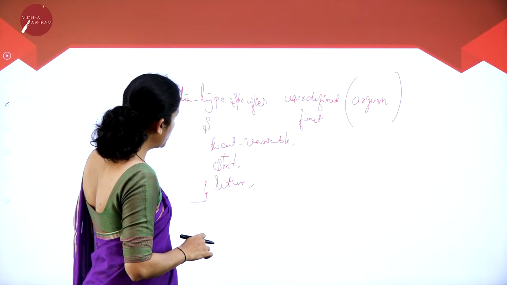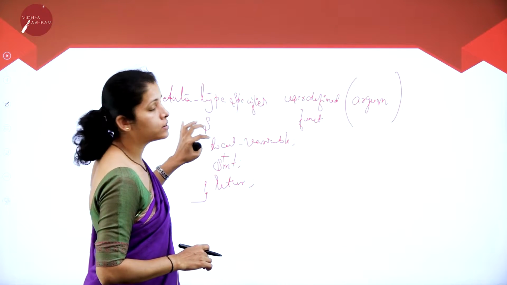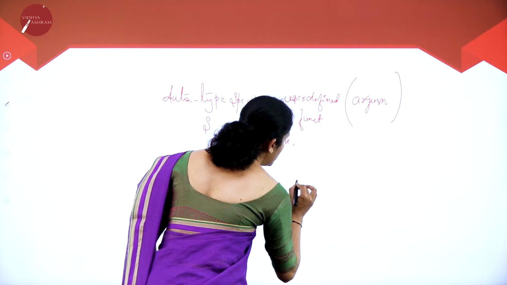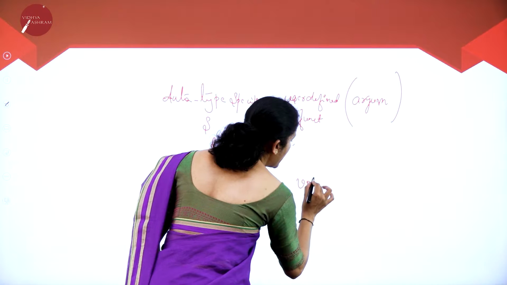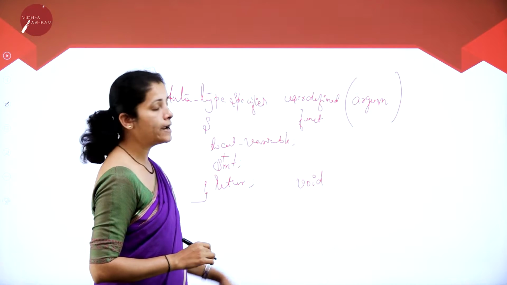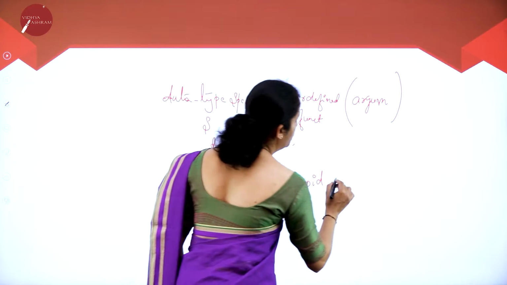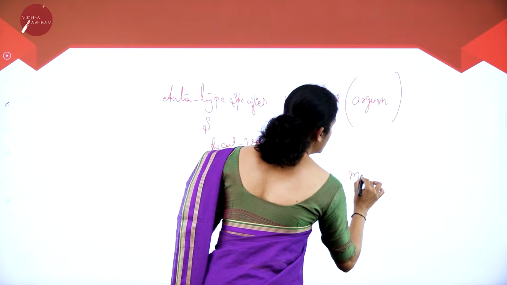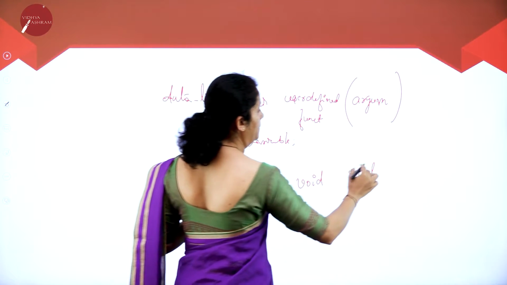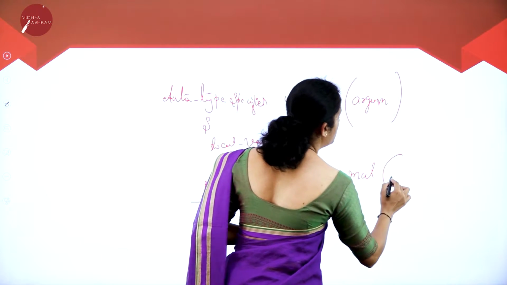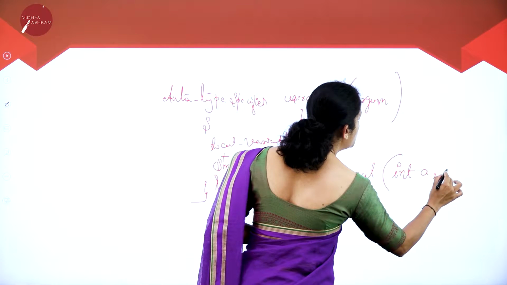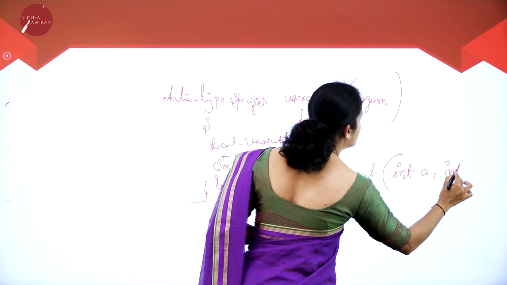Now I'm going to write the example for this structure. Here think that I won't return any values from the function. So I'll write void. Now multiplication is my function name, and it's going to receive two variables.